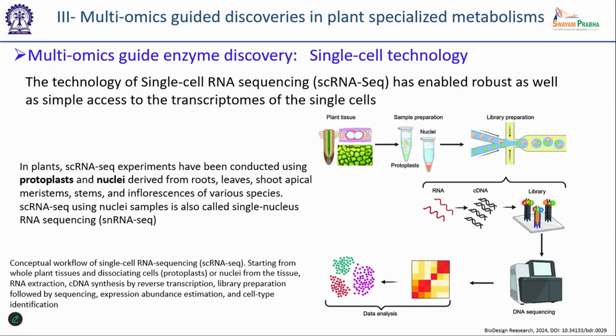So here is a summary of the technology that is now applied to have a transcriptome of a single cell. So the idea, you prepare different sample preparations, and the intermediate is the preparation of protoplasts. Protoplasts are cells where you have to digest all the cell wall, so they are completely separated from the others.